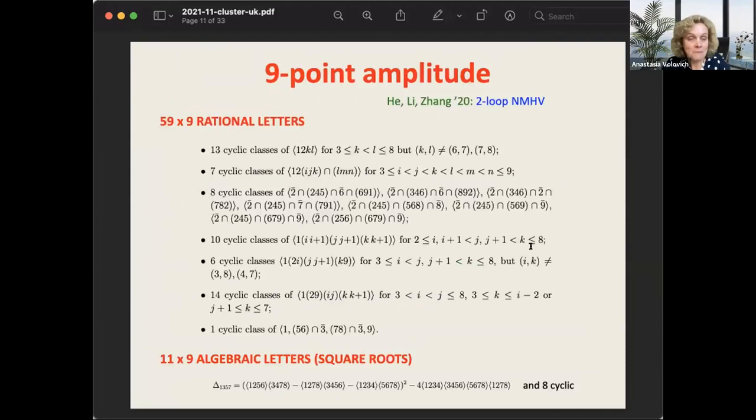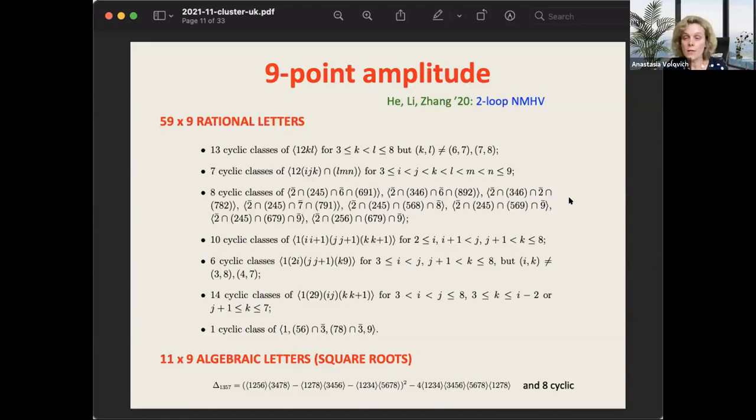There are 59 times 9 rational letters, and in addition, there are 99 algebraic letters involving these types of square roots that are written here. So you see there are square roots of this delta plus 8 more cyclic permutations of these. Very good. That's the results from physics.